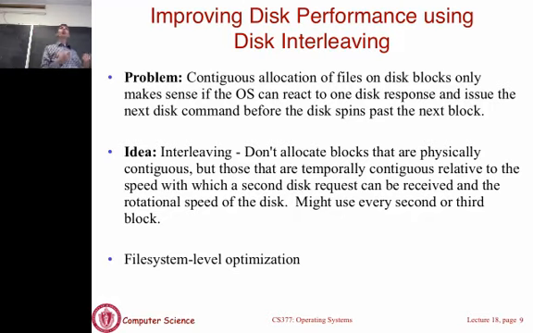The point is that by adding little gaps, we can accommodate the latency of the disk without going past it, because we're giving the disk a little bit of time to spin until the OS issues the request for the next block. And then hopefully once the request for the next block has been sent to the disk, we haven't spun past the block because we had a little bit of a buffer there.